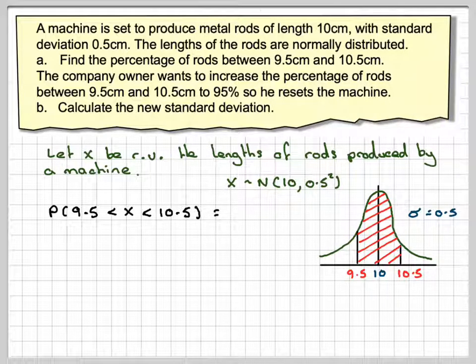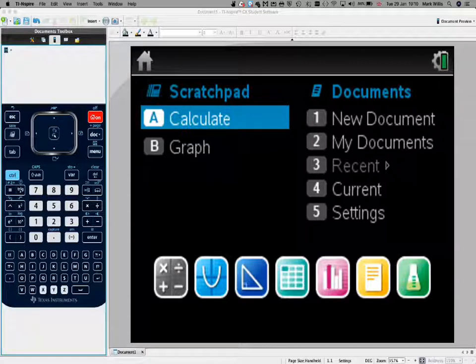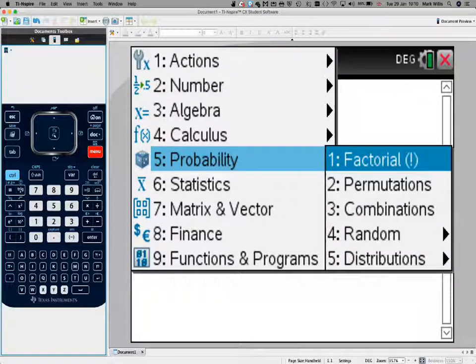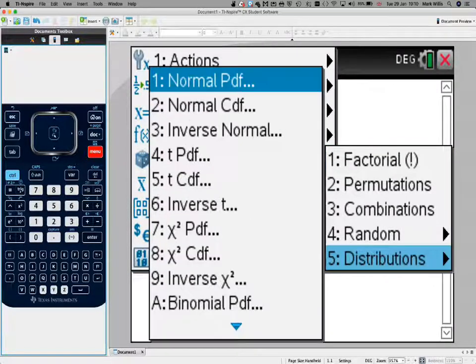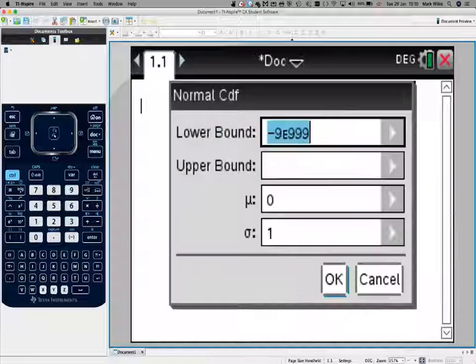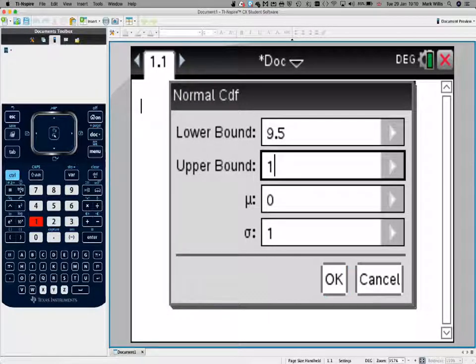Going to our calculator, in calculation mode, pressing menu, number 5, probability, number 5, distributions, and we want normal CDF; we never use the PDF. We want the lower bound to be 9.5, the upper bound to be 10.5, the mean to be 10, and the standard deviation to be 0.5.